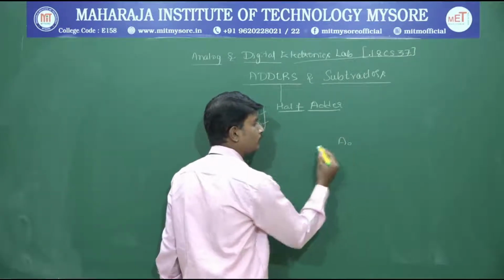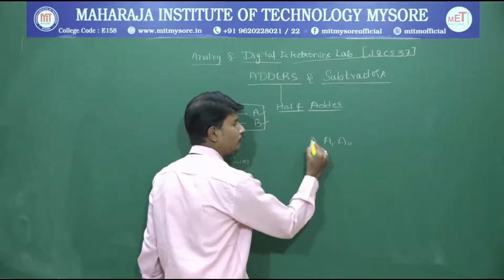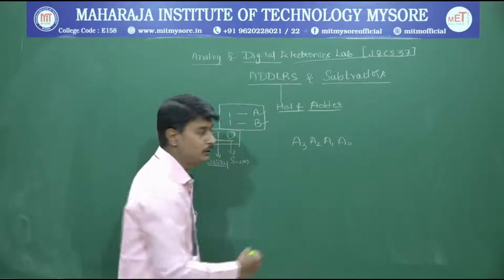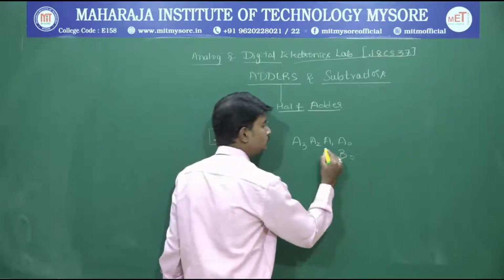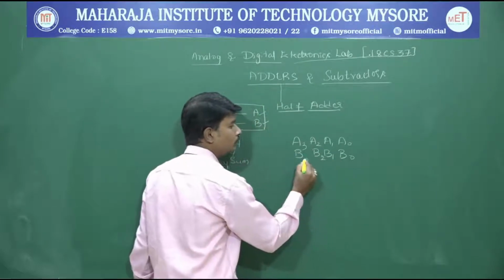Now the problem is, when I adopt this addition method on an array of numbers, let's take an example of 4 variables, A0, A1, A2 and A3, and I want to add them with B0, B1, B2 and B3.